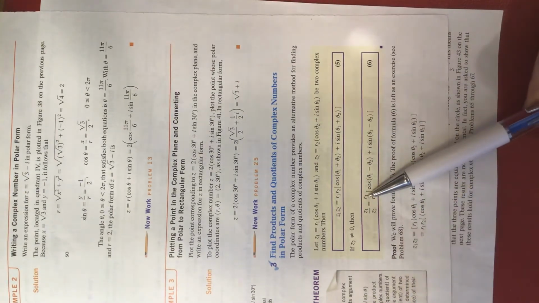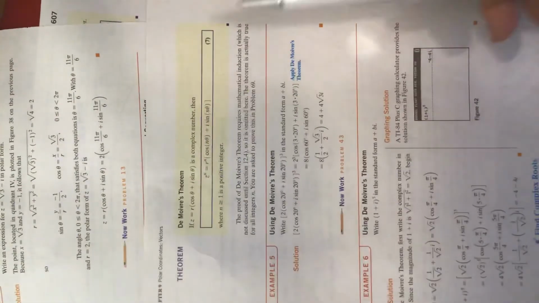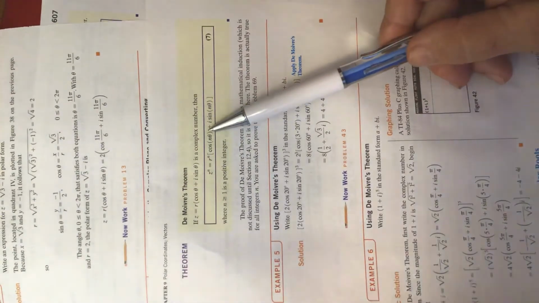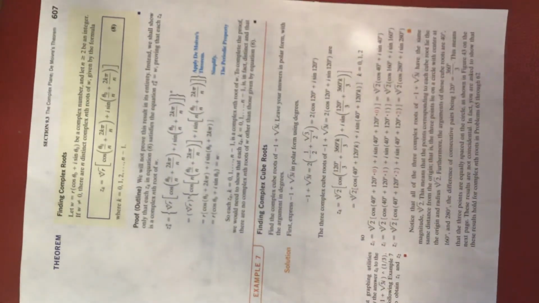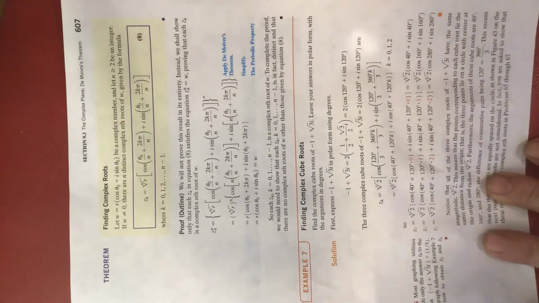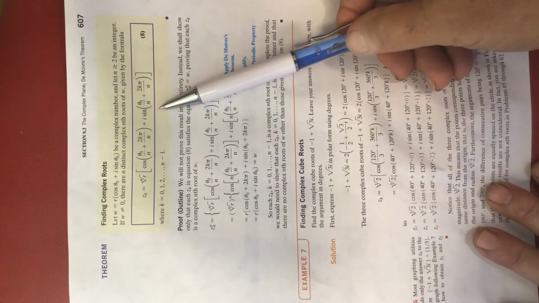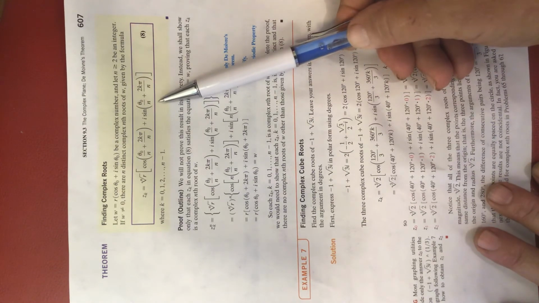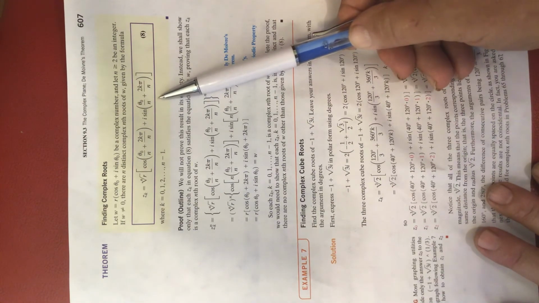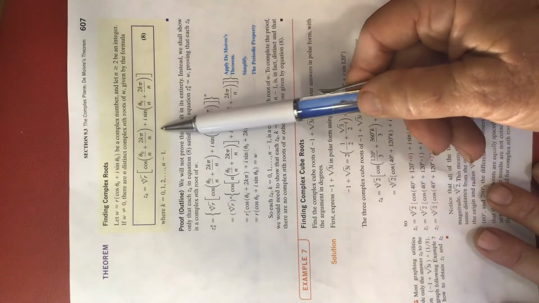Second formula, divide. Third formula, De Moivre's theorem, raising it to a power. And the fourth formula, taking the root of it. This one I have to do in polar form. I can do the other pieces in standard form, just easier in polar form. But this one I must do in polar form.